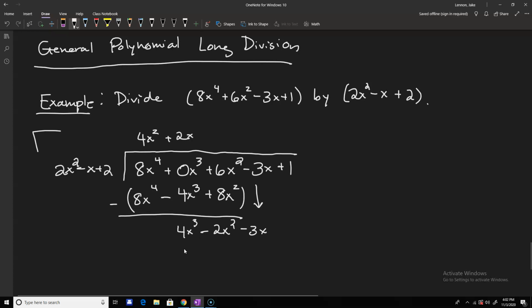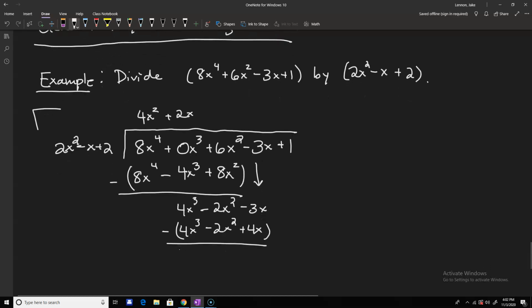So I take the 2x and I multiply through by each one. I get a 4x cubed, and then 2x times minus x is minus 2x squared, and then 2x times plus 2 is plus 4x. And then I want to go ahead and subtract all of that.